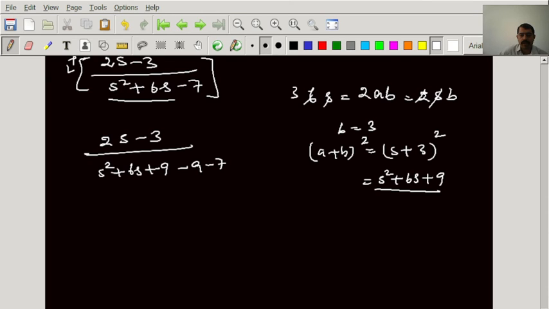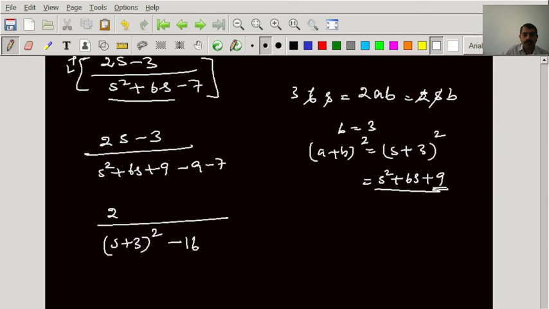I want to write this as s plus 3 whole square, for that purpose I am adding 9 and subtracting 9, so that the value doesn't change. Now the denominator I am writing as s plus 3 whole square, and minus 9 minus 7 we get minus 16.